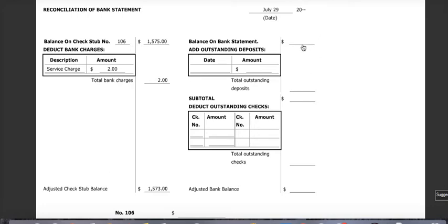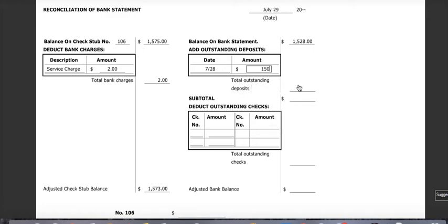All right, so the balance on my bank statement given to me in my directions is 1528. Outstanding deposits. I have an outstanding deposit on July 28th, so I've got to put the 7th month, 7/28, and for the amount of $150.